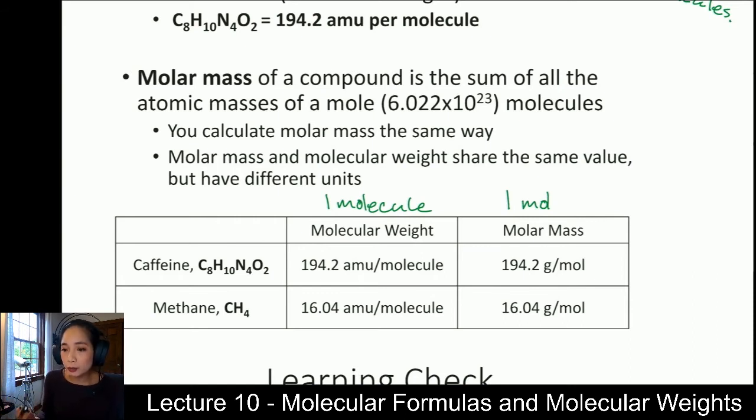So if I had 6.022 times 10 to the 23 caffeine molecules, it would weigh 194.2 grams. You see how the numbers are the same, but what's different is the actual unit. In molecular weight, we're talking about 1 molecule and we measure it in AMU, versus molar mass, which is measured in grams, and that's when you have a mole's worth of that specific compound.